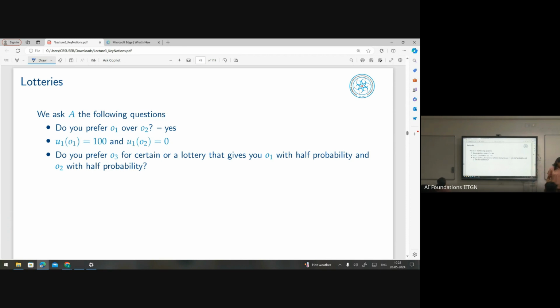The idea is that if O1 happens with half probability, I get utility O1 with probability half and utility O2 with probability half. And the utility of O3 is greater than this. Greater than or equal to, or greater?